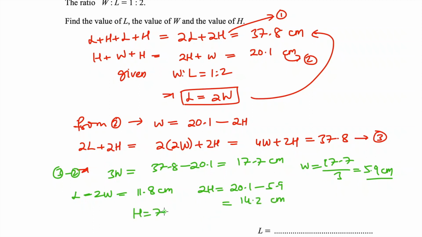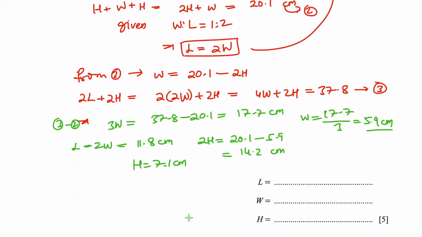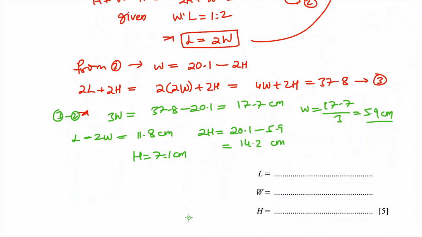So H is equal to 7.1 centimeters, and this finishes the question. So the answer is L is equal to 11.8 centimeters, W is equal to 5.9 centimeters, and H is equal to 7.1 centimeters.